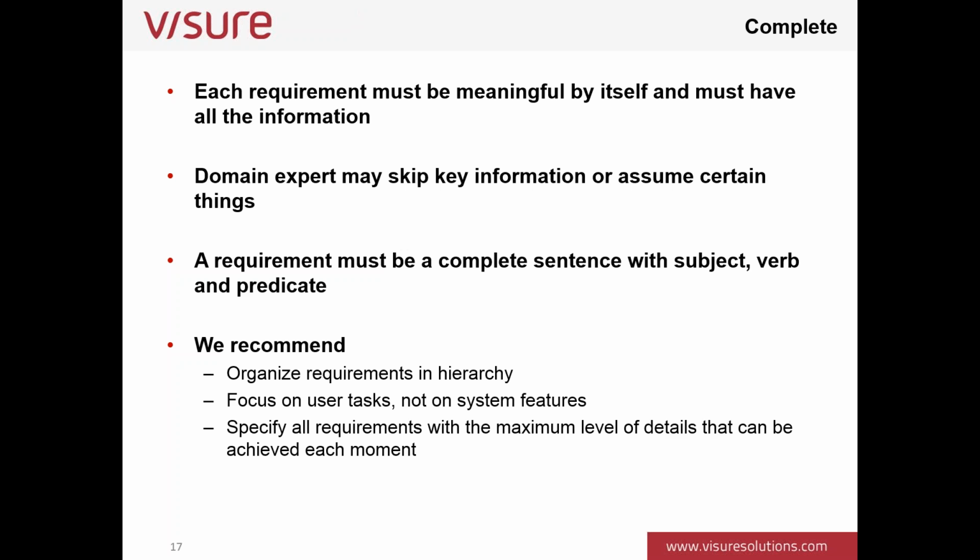So the requirement must be a complete sentence with the subject, the verb, and the predicate. To make sure that the requirements are complete, we recommend organizing the requirements in a hierarchy. This is always super helpful. You have a parent requirement, which gathers some features together, saying something like the system is going to manage users, or manage providers, suppliers, whatever.